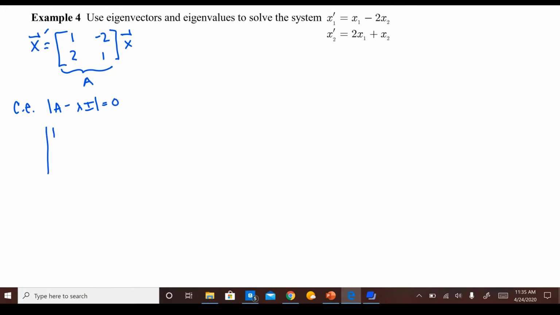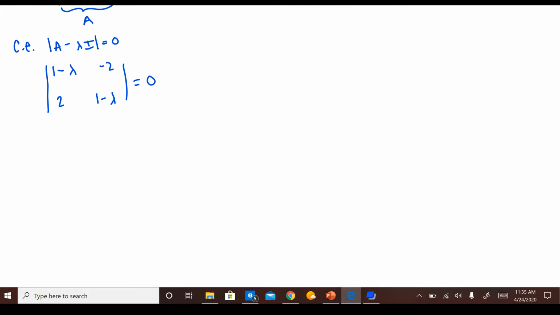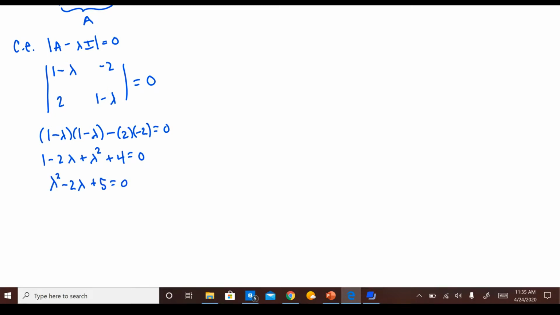So we have learned that turns out to look like subtracting lambdas along the main diagonal. And calculating our 2 by 2 determinant, we have (1 minus lambda) times (1 minus lambda) minus 2 times negative 2 equals 0. Foiling, we obtain 1 minus 2 lambda plus lambda squared plus 4 equals 0, or lambda squared minus 2 lambda plus 5 equals 0.